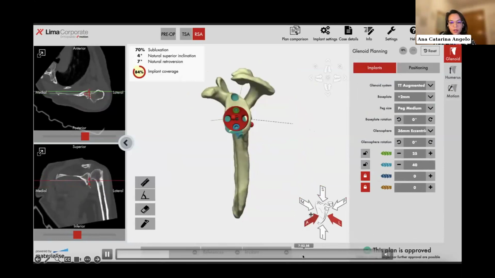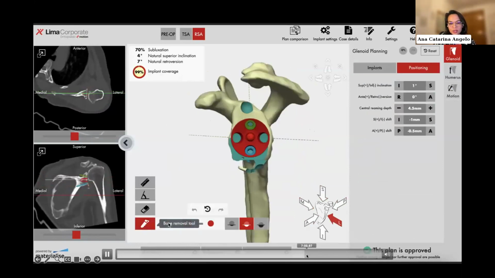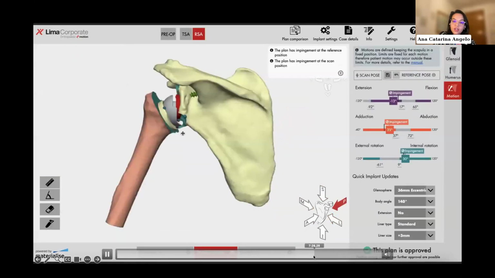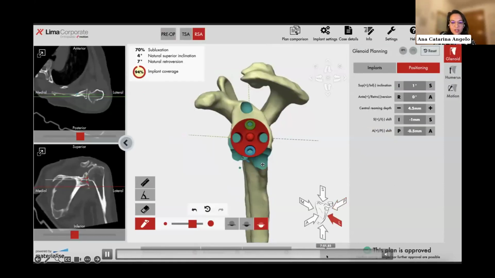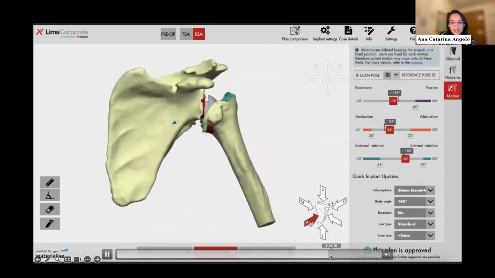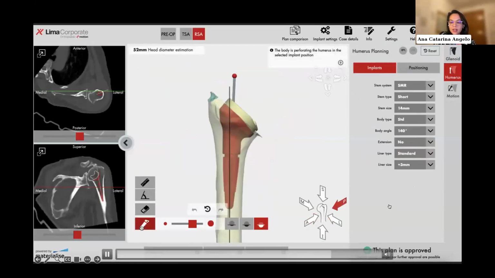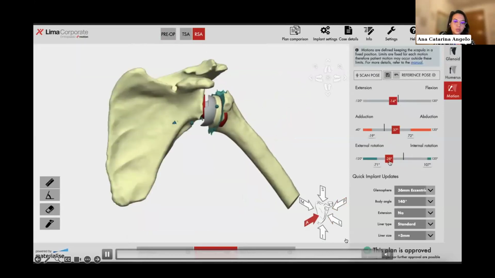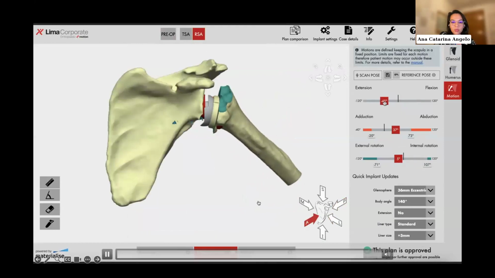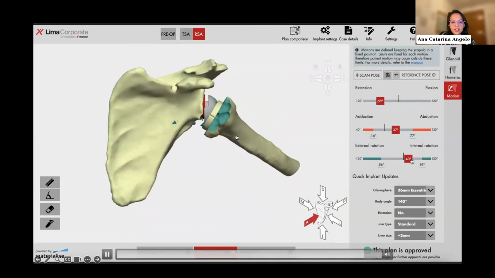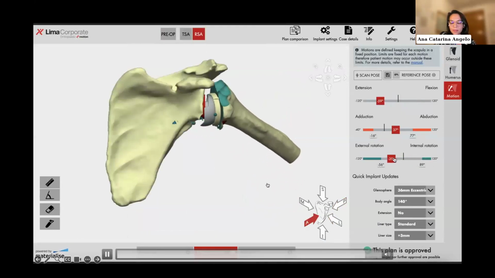It's very, very useful, and you get used to this shoulder and how the implants will be seated in this glenoid. And at the end, of course, with the static scapula that doesn't reproduce the motion of the shoulder, you can simulate how this humerus will relate to the glenoid that you just placed.